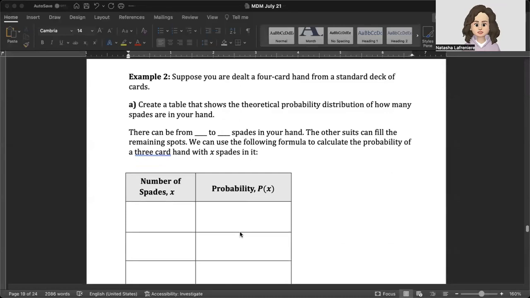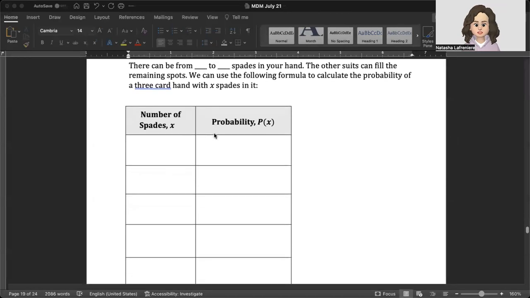So we've got example 2. Suppose you're dealt a 4-card hand from a standard deck of cards. Create a table that shows the theoretical probability distribution of how many spades are in your hand.